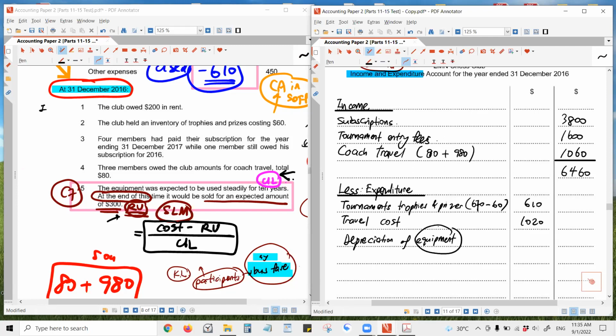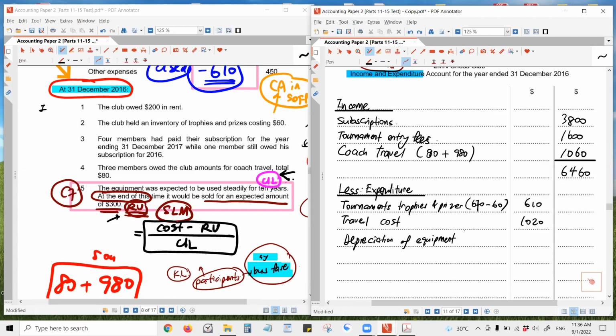Don't just write equipment, because the single word equipment should appear in the SOFP as an NCA. You must not just write depreciation either, because that's not how you present it. You must mention that it's depreciation, and what NCA it is linked to: depreciation of equipment.